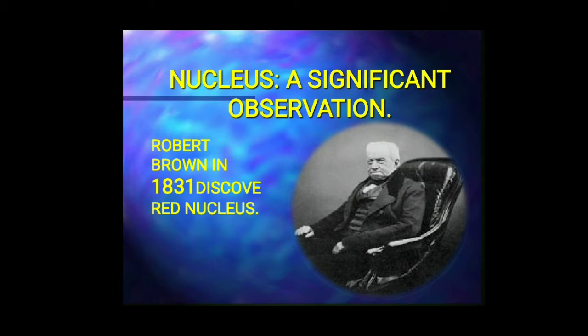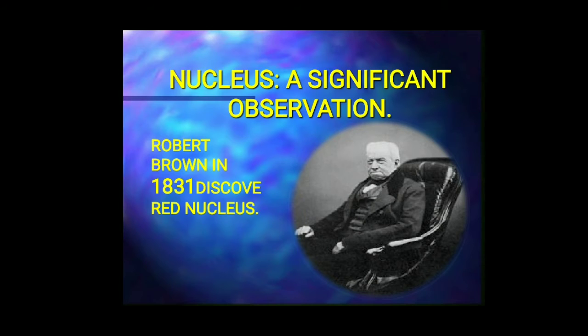Among different parts of cell, the nucleus is the most well-known part and very important part. Before Robert Brown, different scientists like Felix Fontana also observed the nucleus in the skin cells.